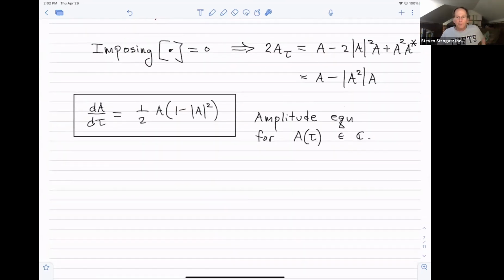You want to ask anything up till this point? We have to solve this amplitude equation, but let's rest here for a minute. A priori, the reason that we know that we don't want these secular terms comes from the phase plane analysis, for example. We know that this thing doesn't have any solutions that go to infinity. You can prove that all the solutions of van der Pol's equation stay bounded for all time.